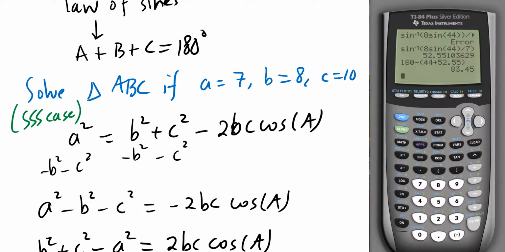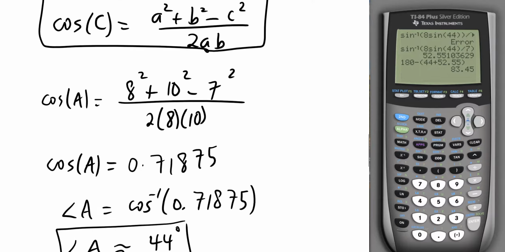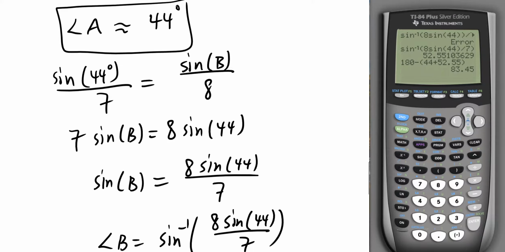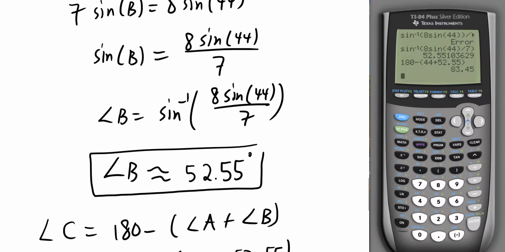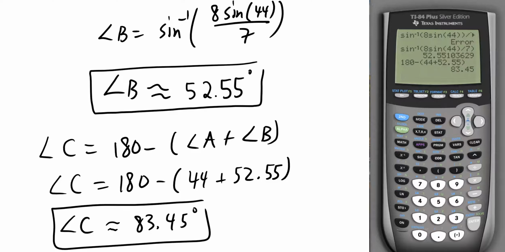The SSS case doesn't work with law of sines either, so we have to use the law of cosines instead. So that's what I did here. Okay, so that's what we have so far. We got all three angles that we needed, based on the given information.